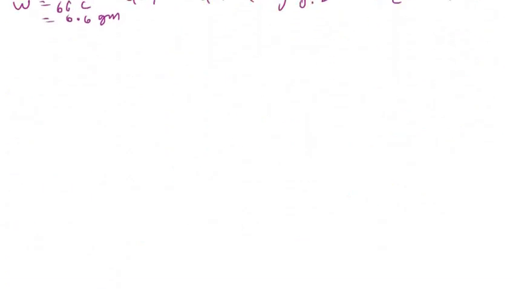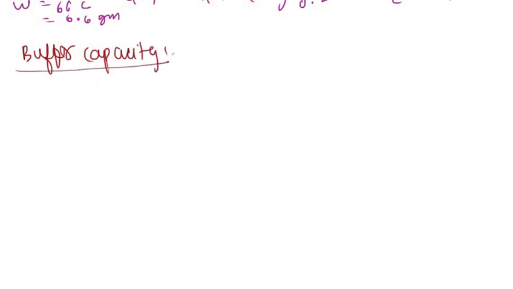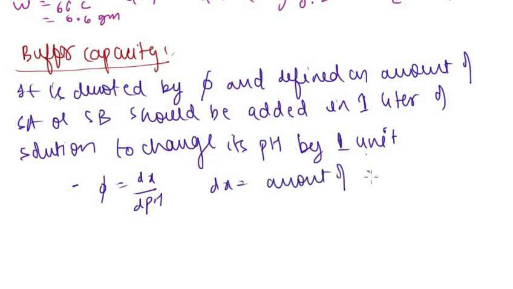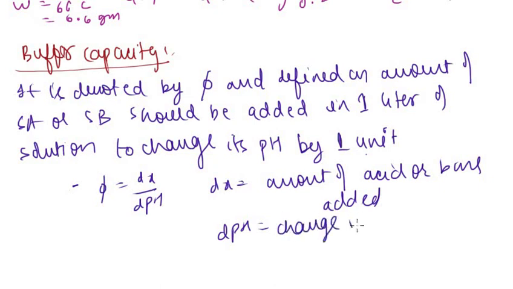Now let's talk about the buffer capacity. So what is buffer capacity? It is denoted by phi, which is dx upon dpH, where dx is the amount of acid or base added and dpH is the change in pH of the solution.